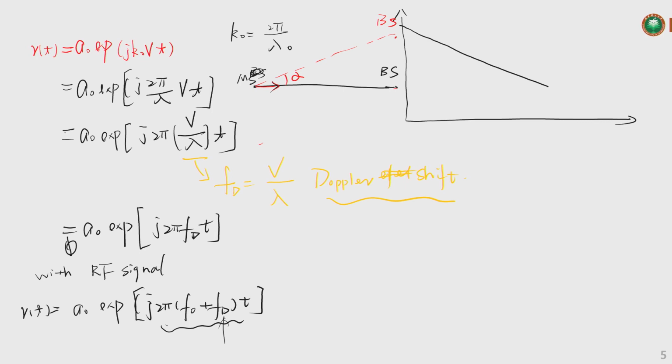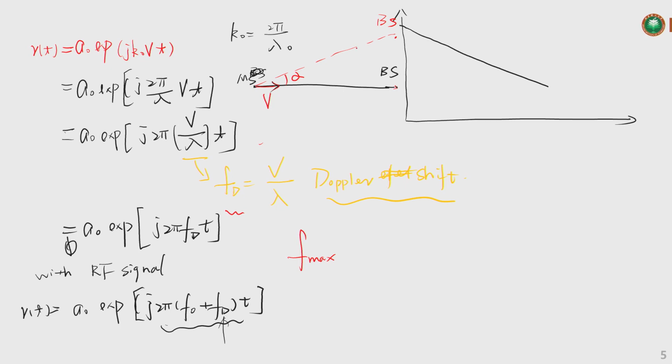So that means the Doppler shift is going to be changed, all right? If the speed is constant, and the base station is in the same line with the mobile user, the Doppler shift is a maximum, all right?